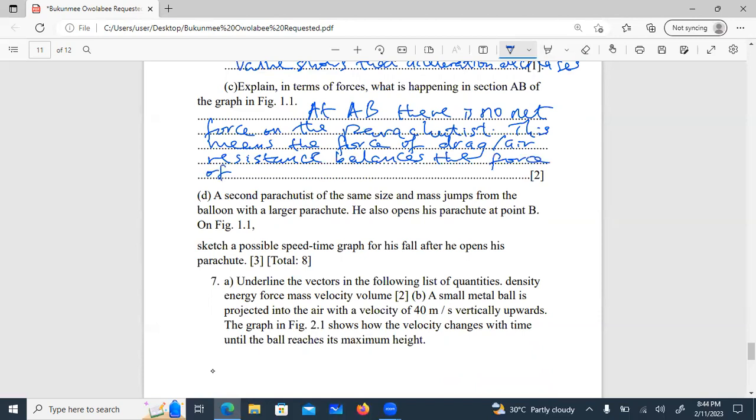That is the force of gravity on the parachutist.